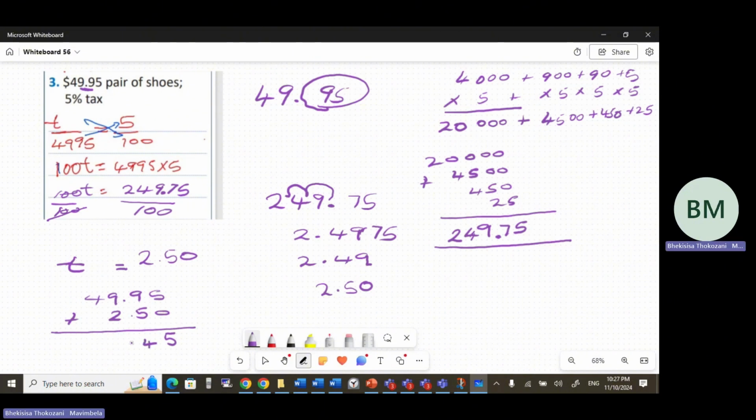Carry 1, 11. Put my point there. 11 plus 1 is 2. And my final answer is 42. Sorry, not 42. Remember, it was 11 there. So my final answer would be 52.45 dollars. So this will be the total cost of this pair of shoes.